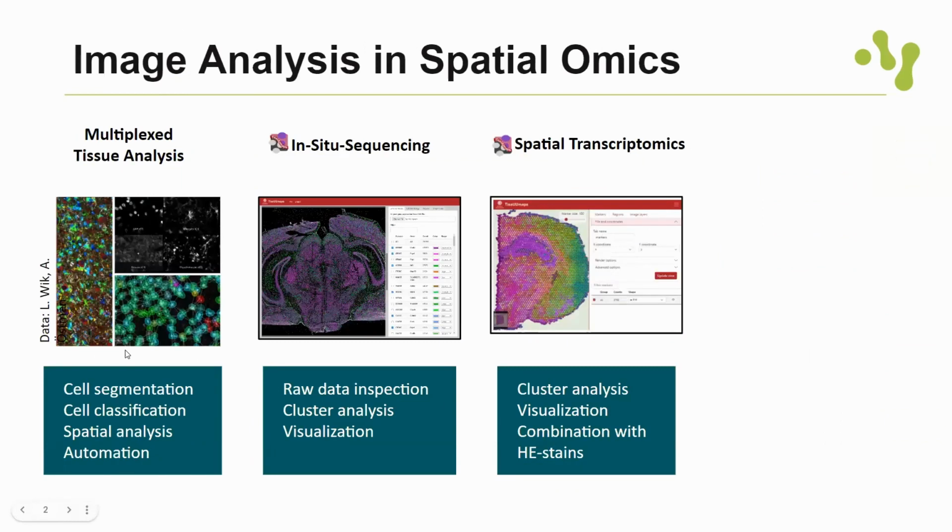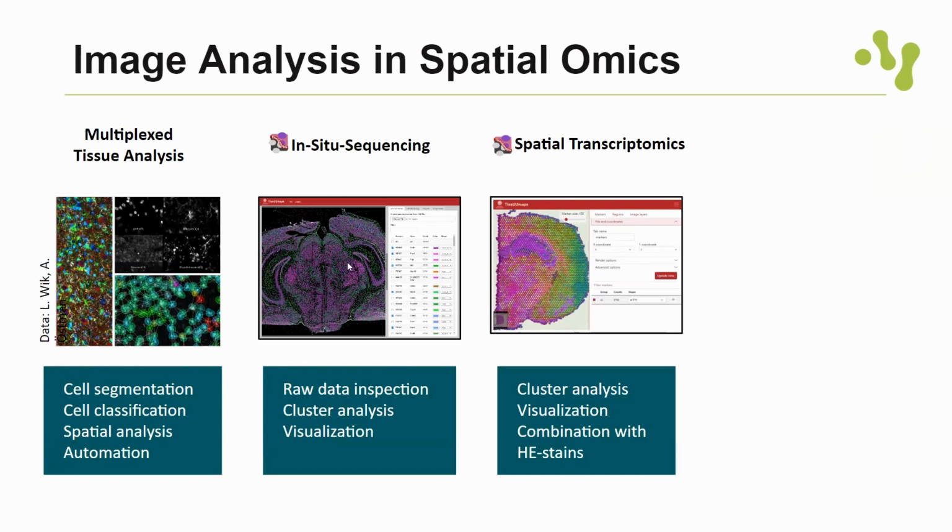Since we are a national facility, it can be a really broad range of projects that we are working on. Here I just picked three that are a bit more in spatial omics, because I guess you might come more from that side. We have quite some experience by now in multiplex tissue analysis, with how to segment cells and classify them and how to do spatial analysis.